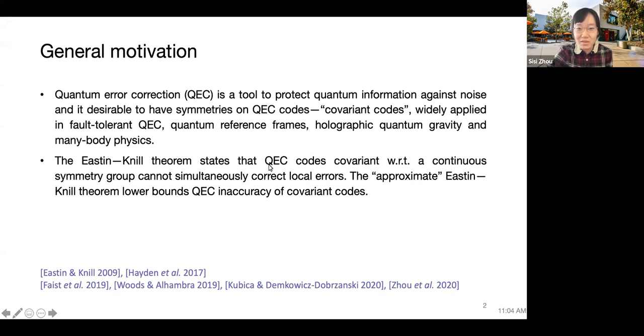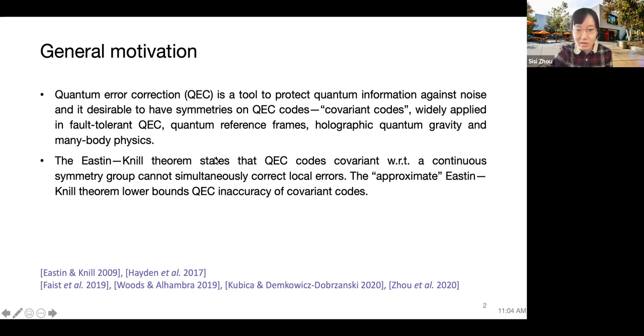So it is very strong evidence that quantum error correction is incompatible with continuous symmetries. Recently there have been a lot of works, and in particular many people from Caltech are working on how to quantify this kind of incompatibility. For example, there's the approximate Eastin-Knill theorem.